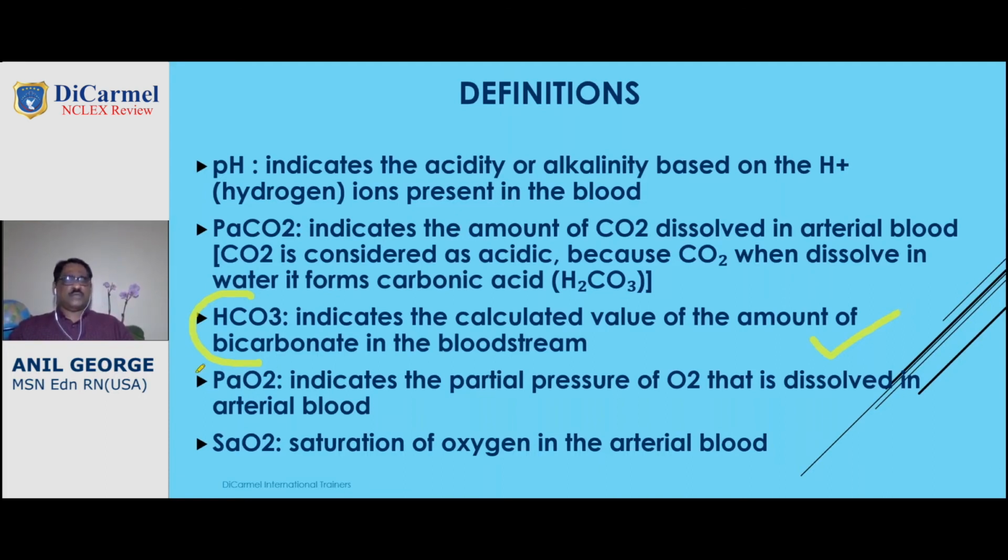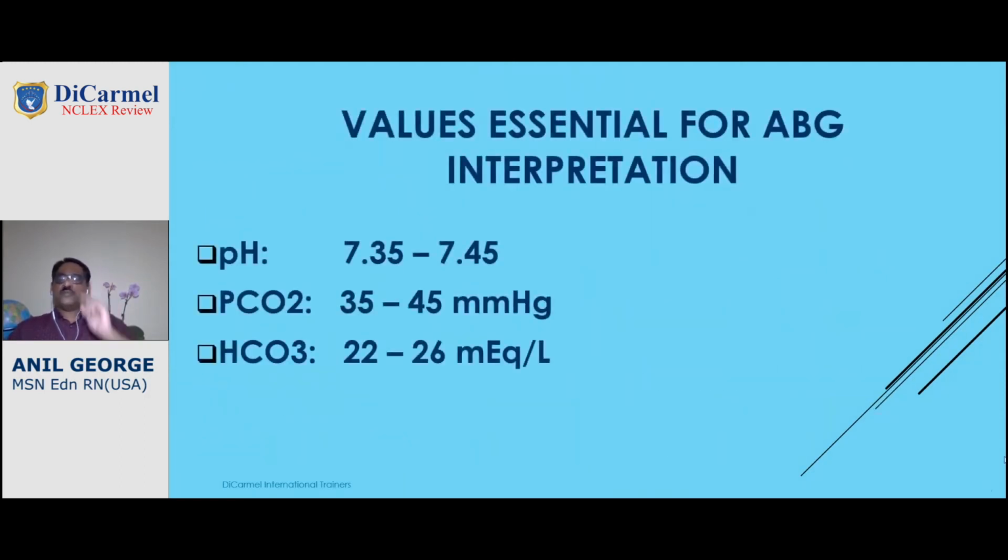And then we have two more values here. PaO2 indicates the partial pressure of oxygen dissolved in arterial blood. And finally, oxygen saturation, the saturation of oxygen in the arterial blood. We heard these five values, but what do we essentially need to work out our ABG questions? We just need pH, PaCO2, and bicarb.